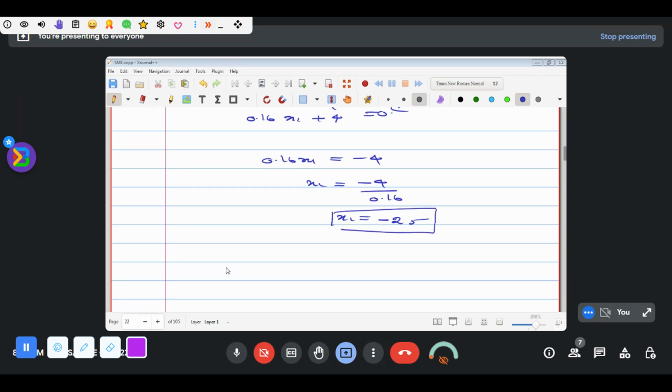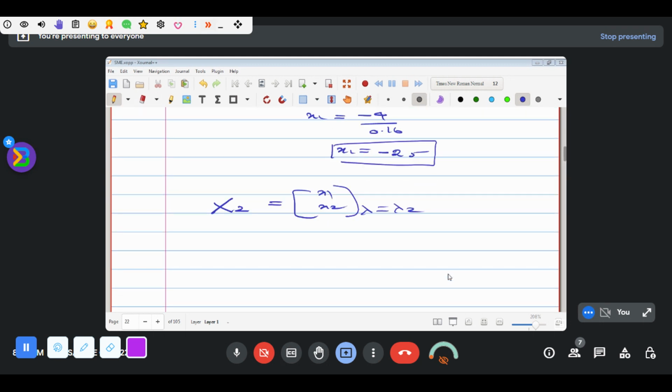Therefore, what is the x2 eigenvector? X2 equal to x1, x2 corresponding to lambda equal to lambda 2. This is the other eigenvector. The x1 value is minus 25 and the x2 value is 1, with lambda equal to 0.84.